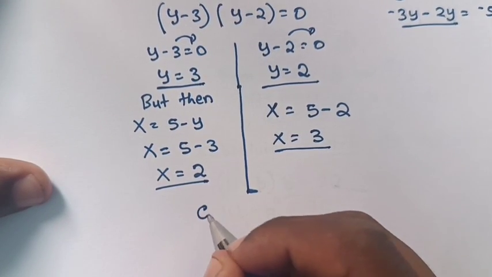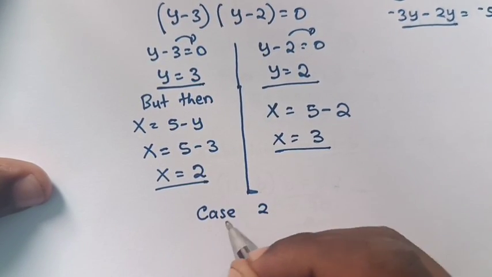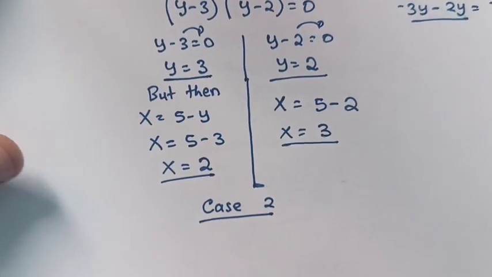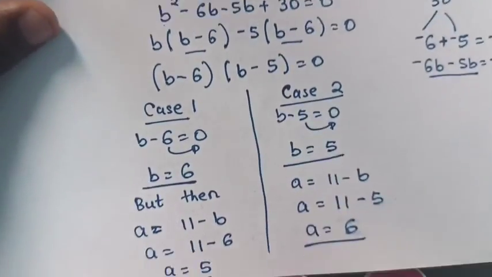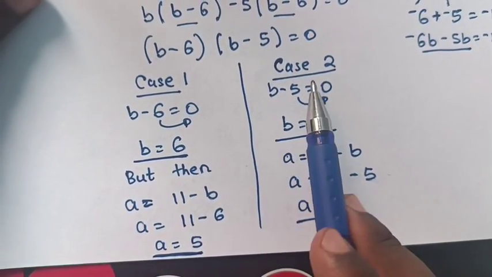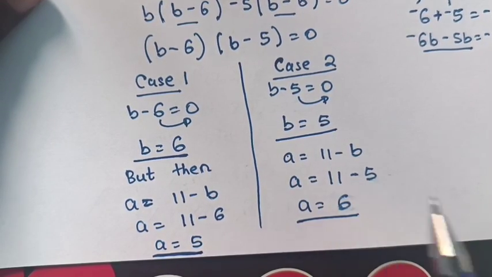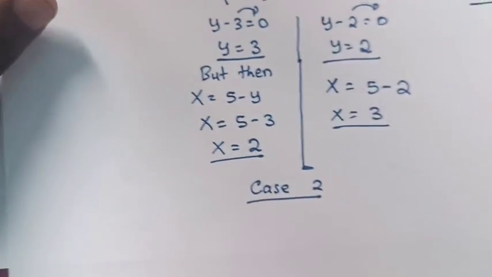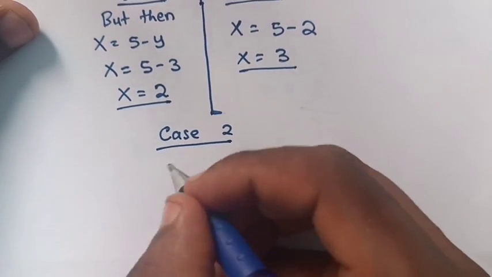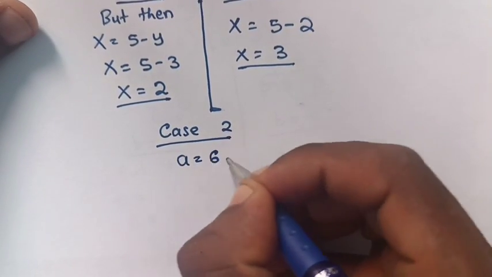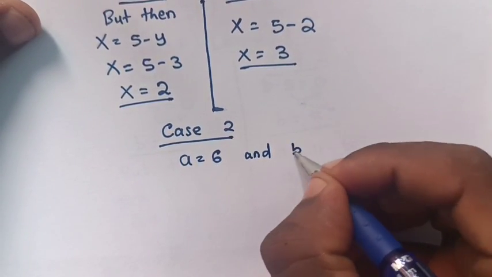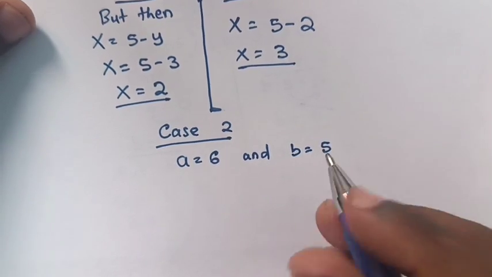Then in case 2, from the values of a and b from case 2, a is 6 and b is 5. So here we write, in this case 2, a is 6 and b is 5.